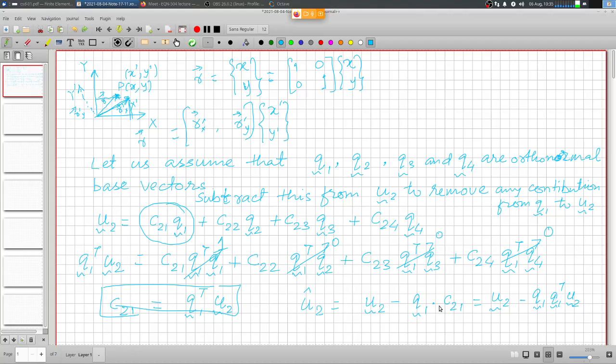So this term c21 q1 gets cancelled by this term, and the remaining vector will only have this representation, right? If you are attentive enough, you can immediately identify that I can take the u2 vector as a common factor here.